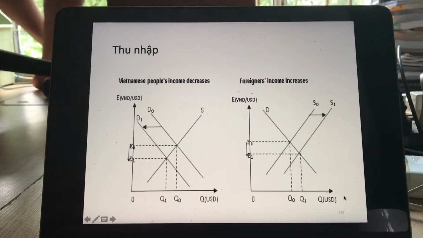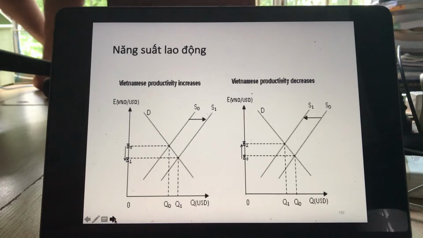As a result, it reduces the exchange rate. That is for the income determinant. Okay, the last one, the productivity. For the first scenario, when our productivity increases, how does it affect the exchange rate?